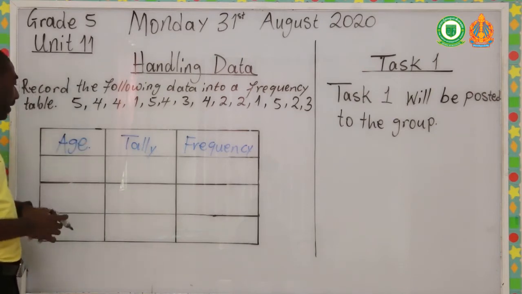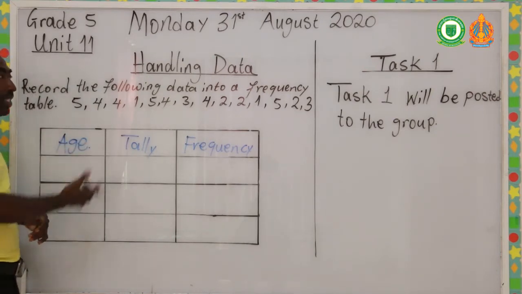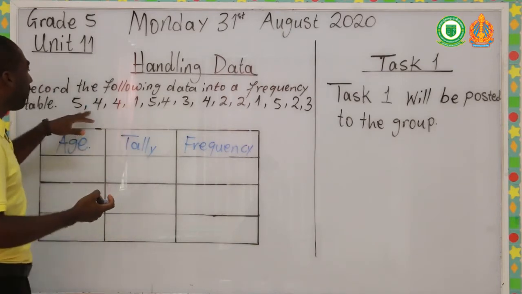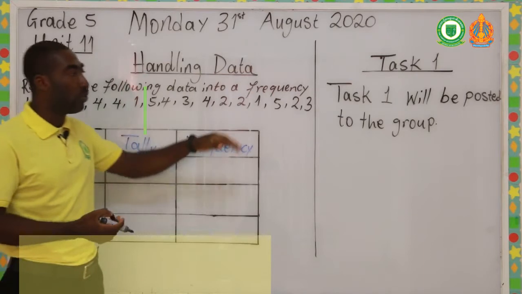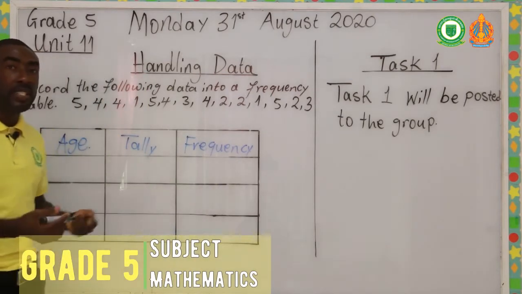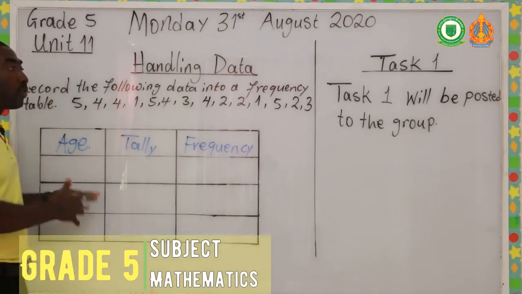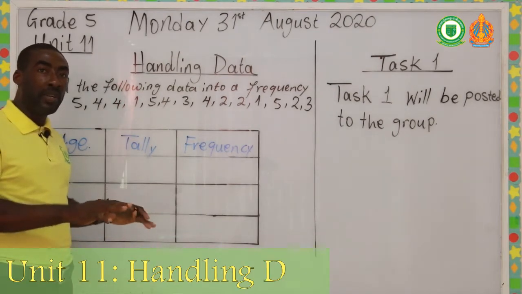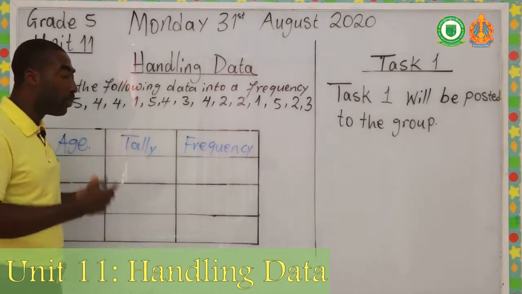Now you have to set a range for the age that you're going to deal with, because the ages are mixed up. You have 5, you have 4, 1 and 3 and 2 mixed up. So what is the range that you can set for yourself so that you can present your data in a very nice way for anyone to interpret?